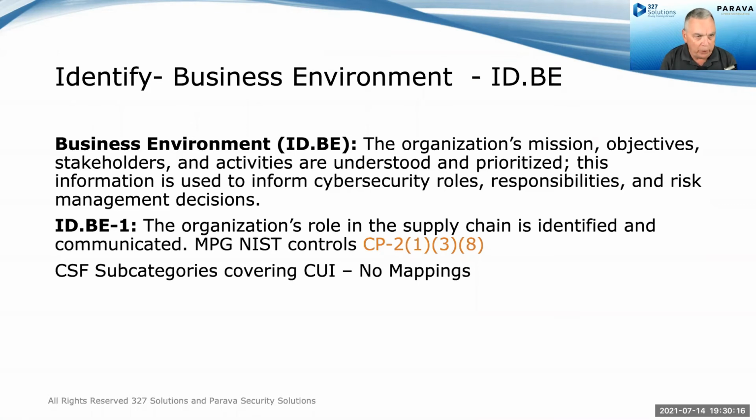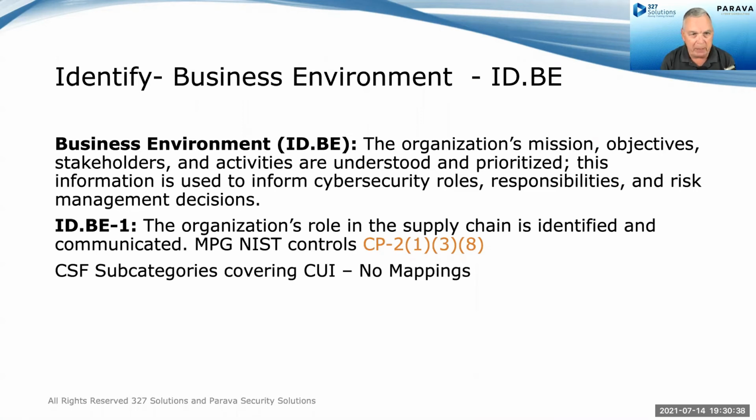An example of one of those controls in the business environment class is that the organization's role in the supply chain is identified and communicated. There is no equivalency in the cybersecurity framework subcategories covering CUI for defining the business environment.